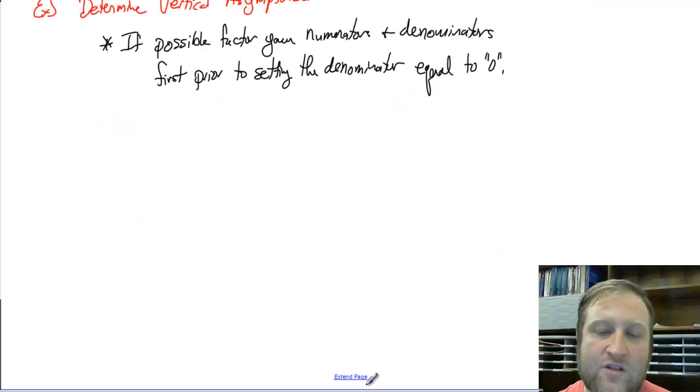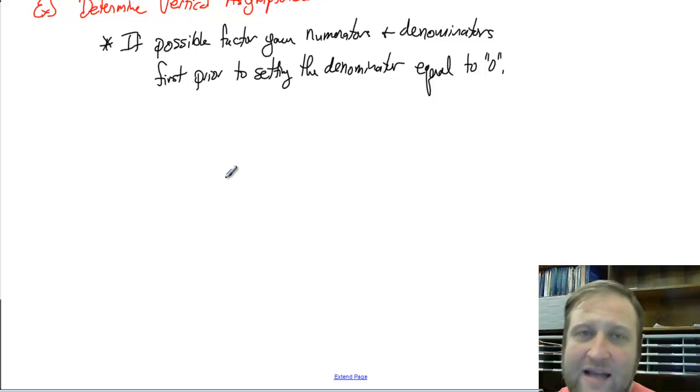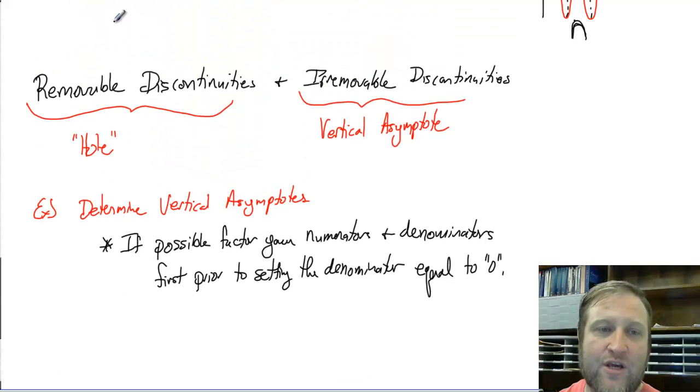We want to do this because if you can cancel out a term, you are actually canceling out, or removing, a discontinuity.